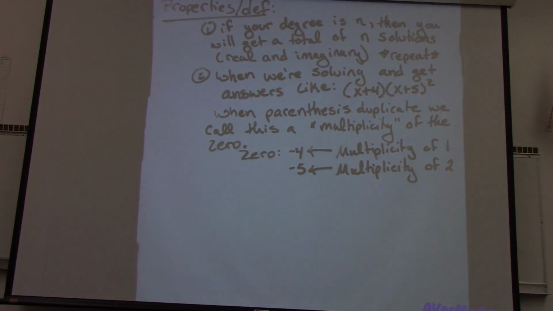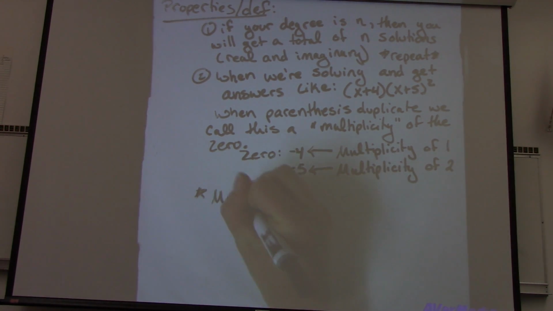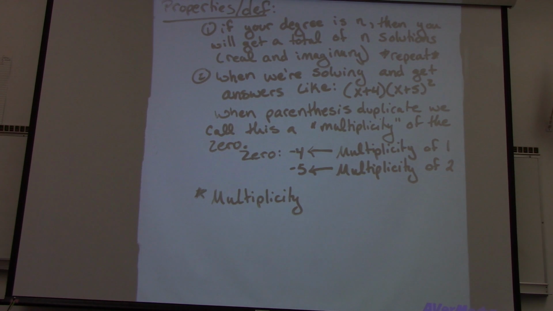This means nothing to me when I'm solving and finding zeros, because like we said before, -5 is just one spot on the number line when I plot that number. So as far as solving is concerned, I don't really care about the multiplicity. However, this heads us into Thursday: while the multiplicity doesn't tell me anything about my zeros, it tells me a lot, and we're going to underline that, about the graph.